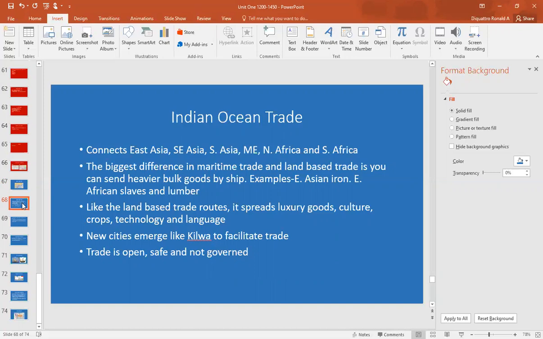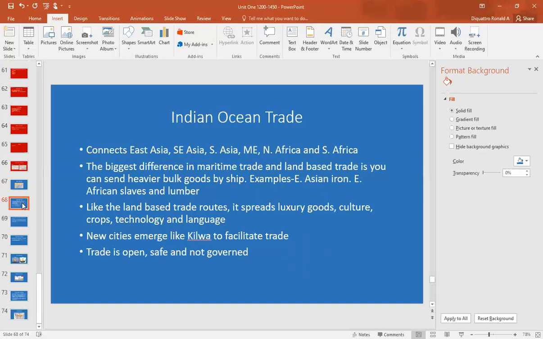Now, just like with land-based trade routes, they're going to sell luxury goods, goods that retain value, goods that are worth all the danger and risk that the merchants who are engaged in the trade take. And all the trade goods that come from each of the world regions will continue to be traded in this period.